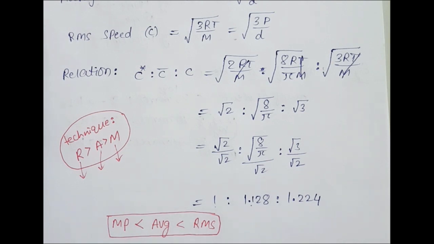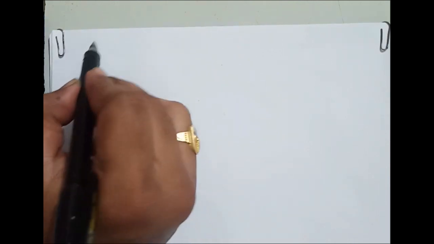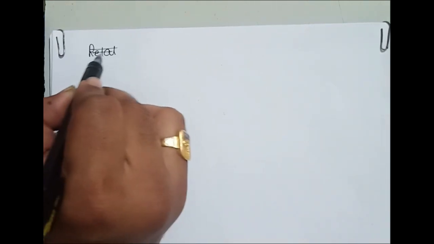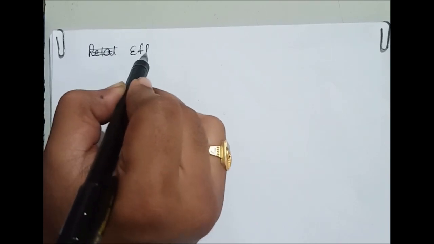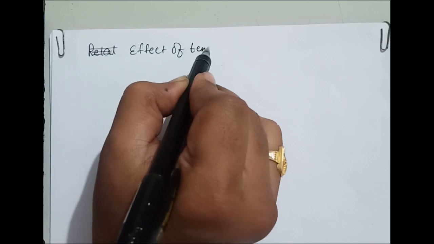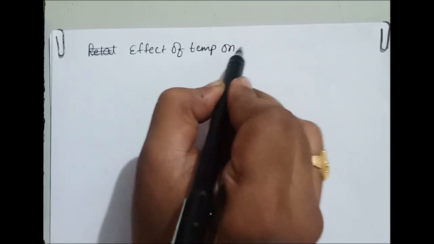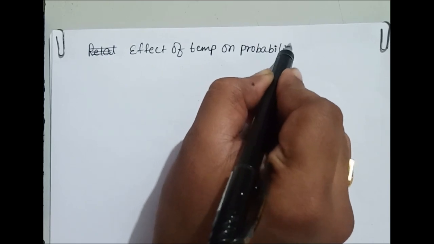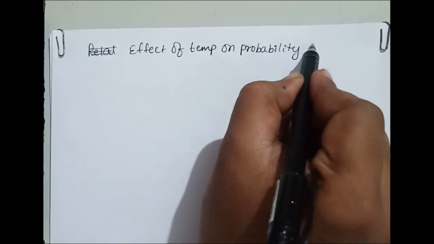Now, continuation. You understood the different types of speeds. Now I'm going to explain the effect of temperature on the probability curve. I said there are two graphs, and this is the second graph.